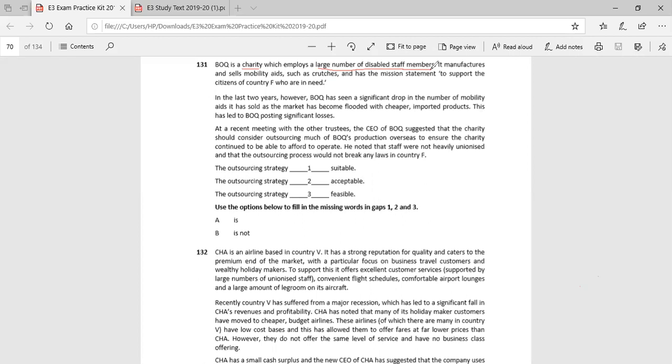Then comes outsourcing strategy is acceptable or not acceptable to stakeholders. Is it acceptable or not acceptable? Not feasible?